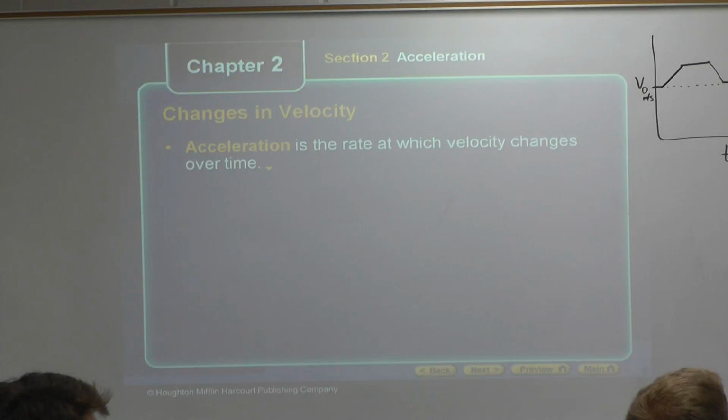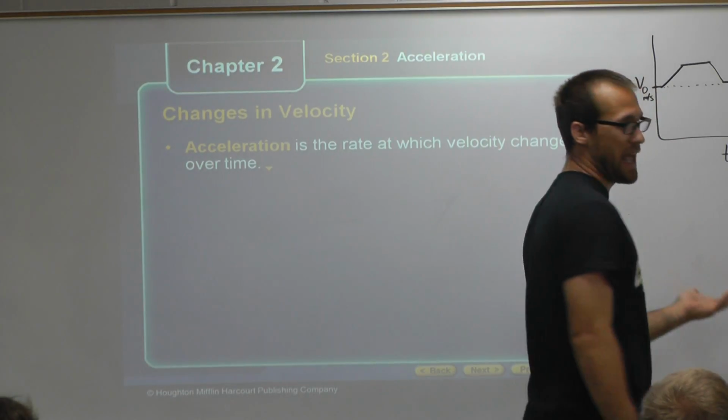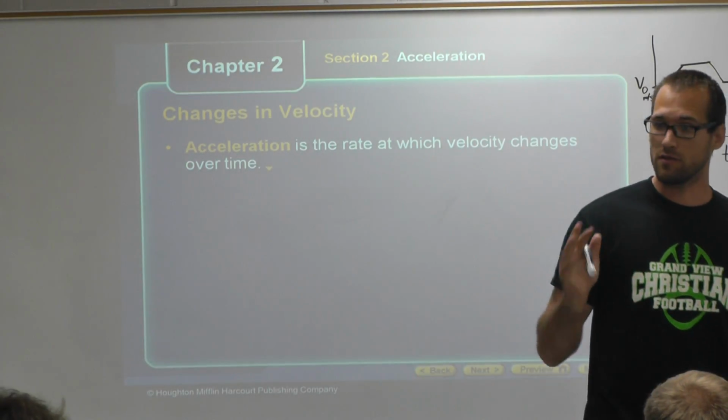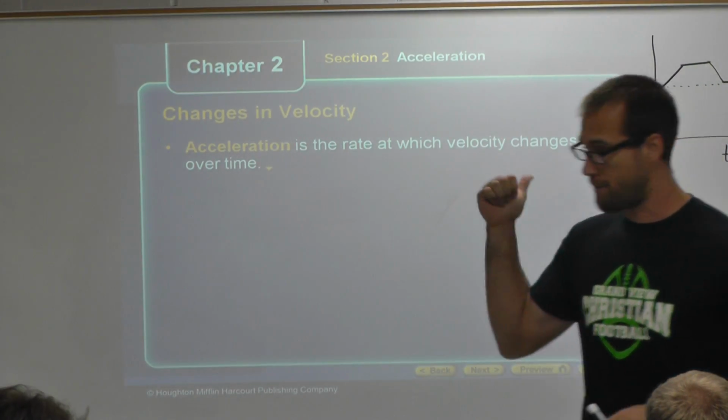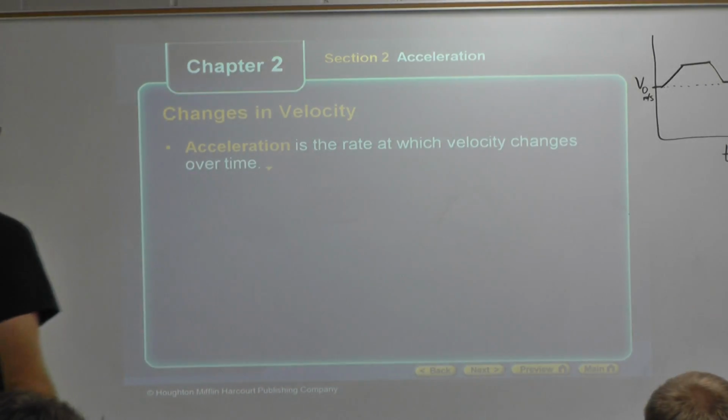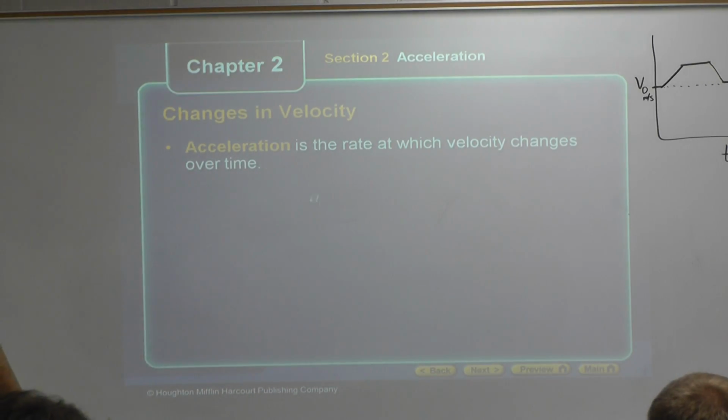The slope. The slope is the acceleration. So the slope of a position versus time graph is your velocity. The slope of a velocity versus time graph is your acceleration. And we're going to talk about how you got negatives, you got positives, and all sorts of different things. We're going to come back to this in a little bit, but I do want to continue on here with acceleration.